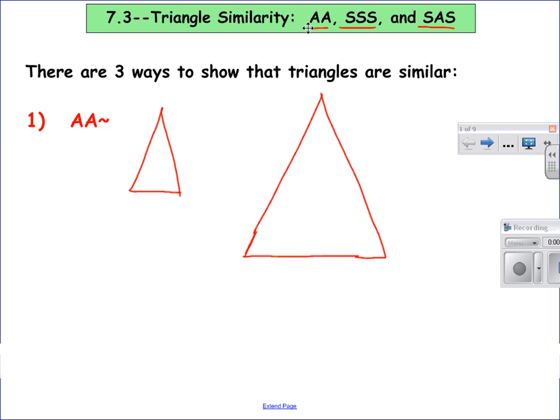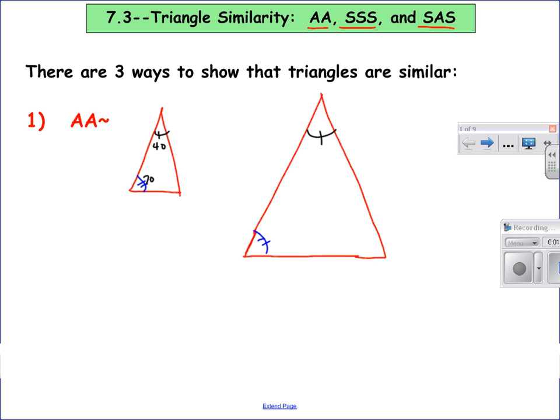So if I know, for example, this is the same measure as this guy, and I know, let's take a different color here, say this guy is the same measure as this guy. Well, let's think about that. Let's plug some numbers in there. Let's say, for example, this is 40, and let's say that this is 70.